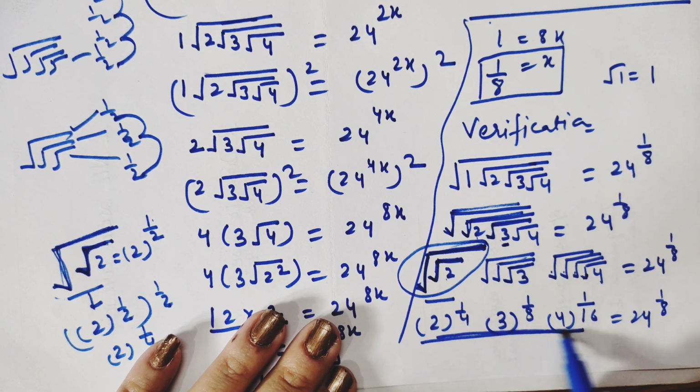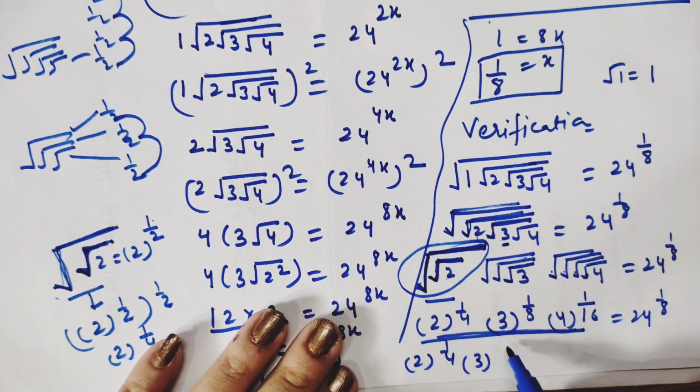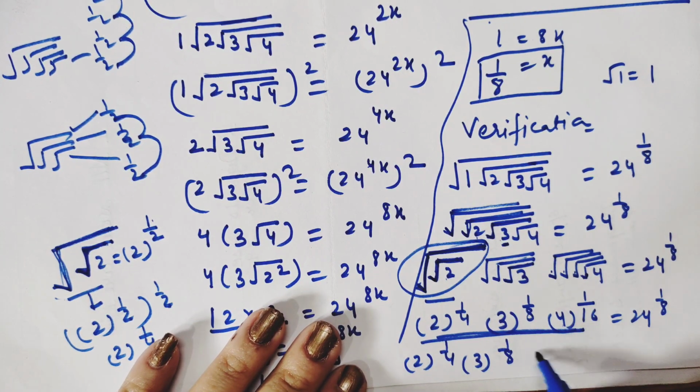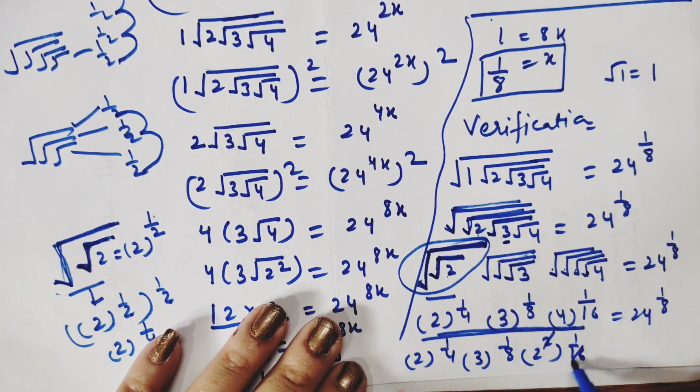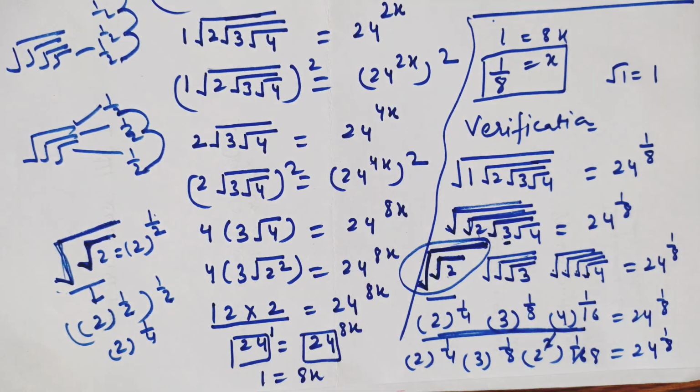Now see these terms. This one is as it is. This one is also as it is. First we will simplify this term. Can we write this 4 as 2 square? 1 by 16. So it is 2 eights are 16. 24 power 1 by 8.